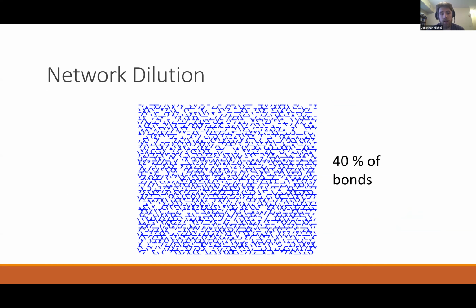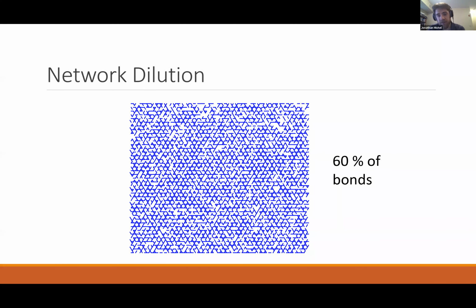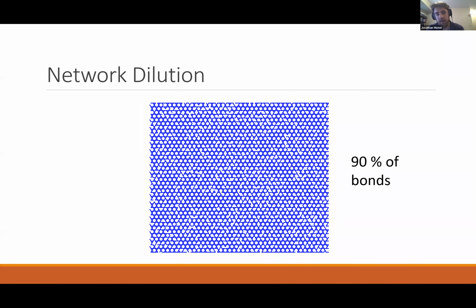To wit, here I'm showing you a Kagome lattice, nominally with a valence of 4, but here with just 40% of bonds, a slightly denser network with 60% of bonds retained, and a denser network still with about 90% of bonds retained.